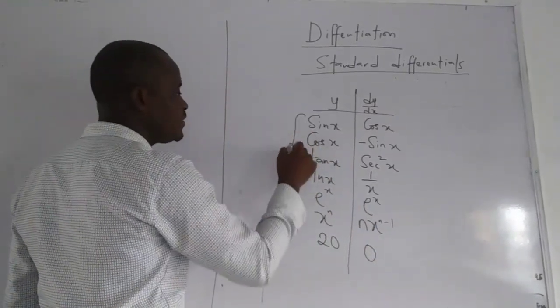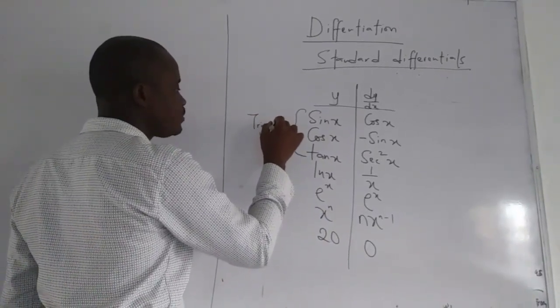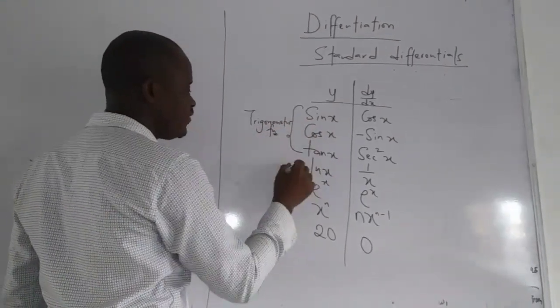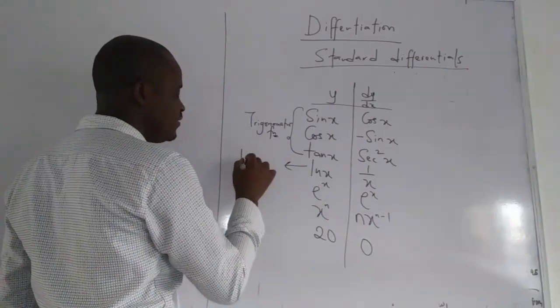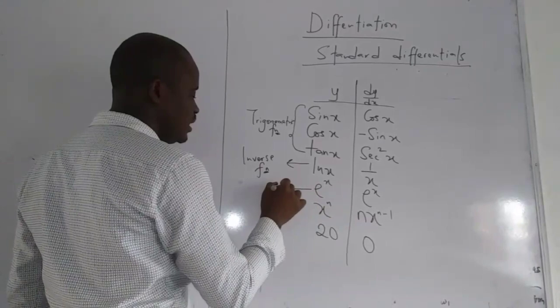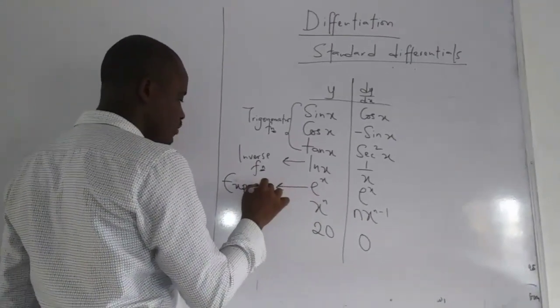But mind you, these 3 are called trigonometric functions. This is called the inverse function. This is called the exponential function.